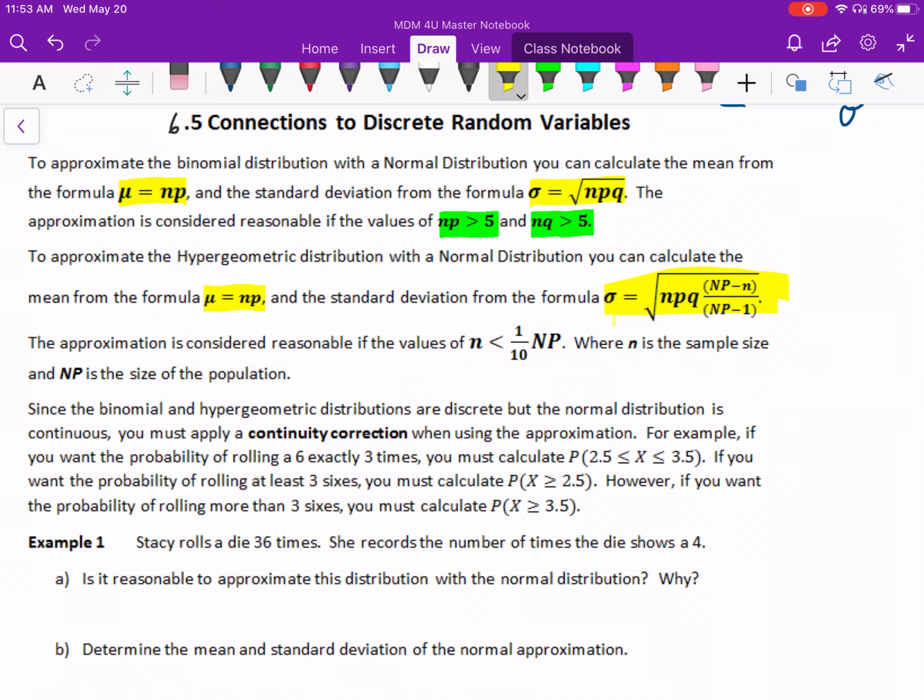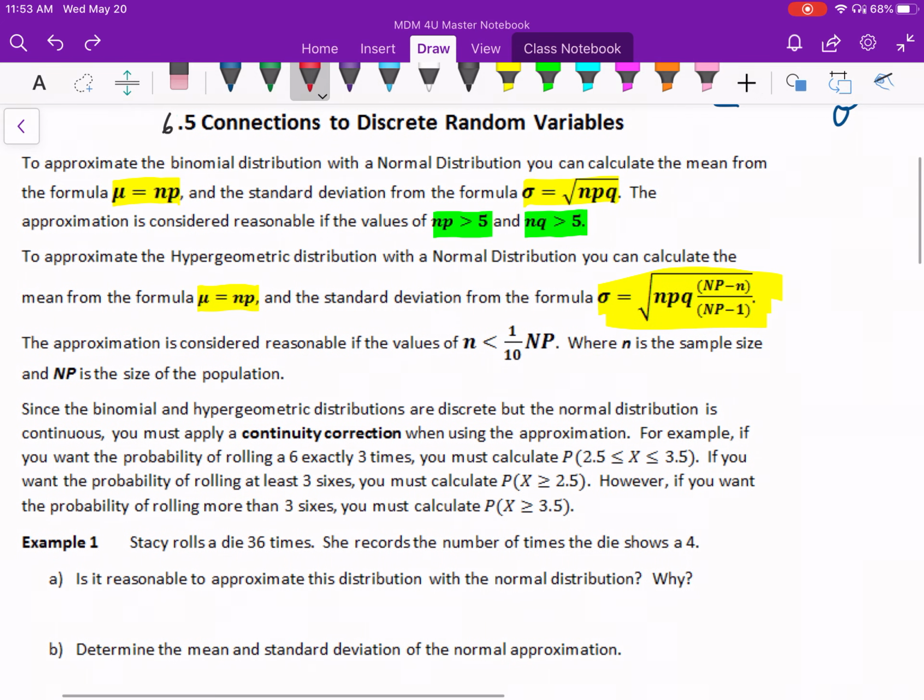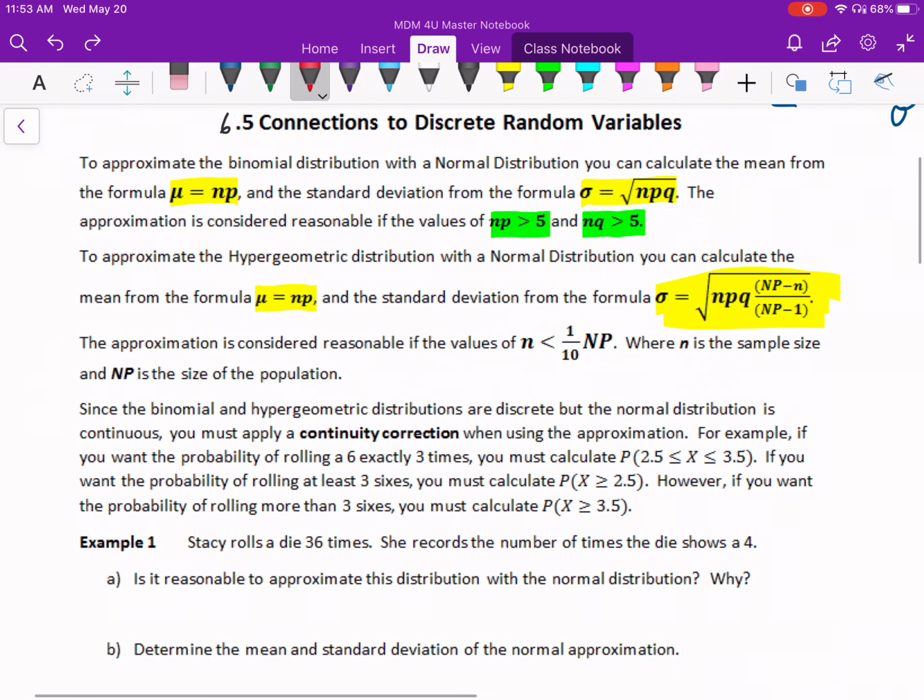It looks awkward, but it's certainly not that hard to calculate. n times p times q, which is exactly the same as this one up above, but we also have to multiply it by NP minus n divided by NP minus 1. And n is the sample size, and NP is the population size, as you can see here and here.